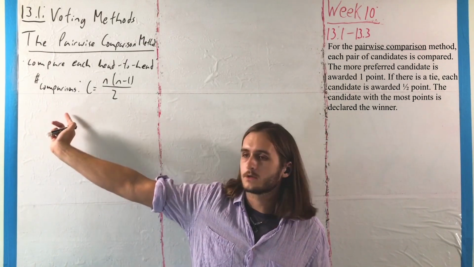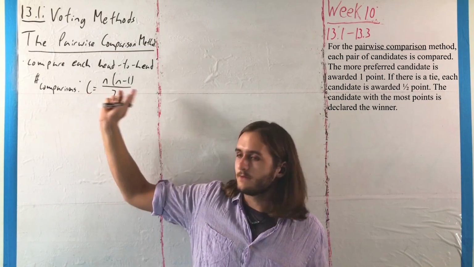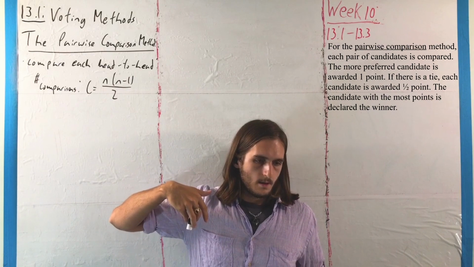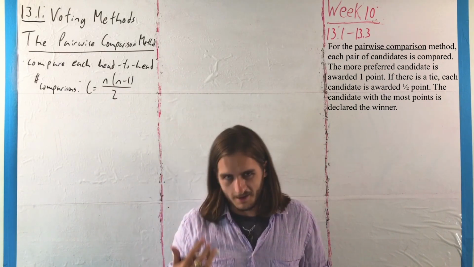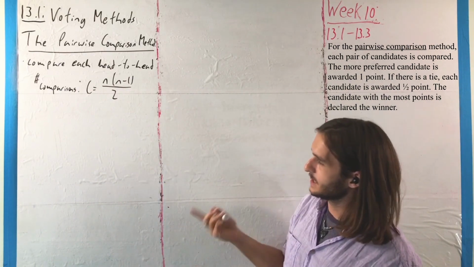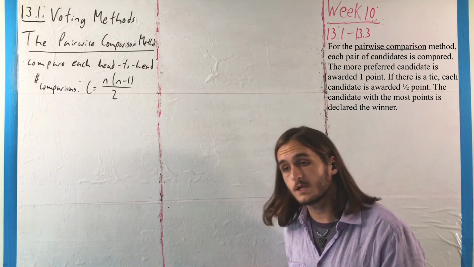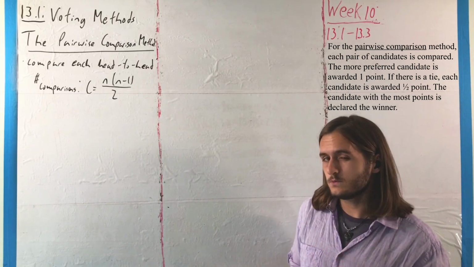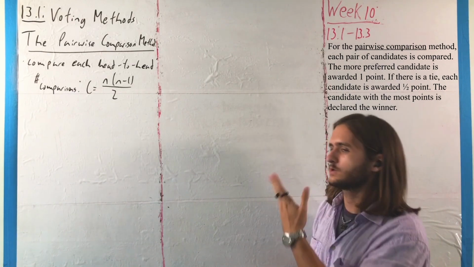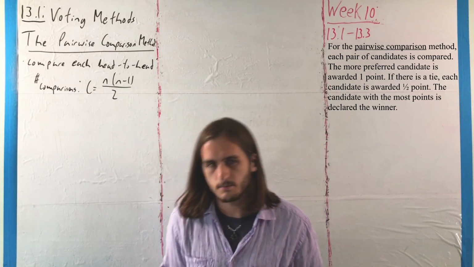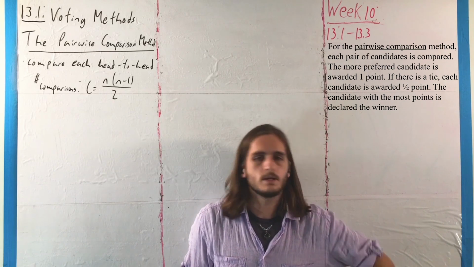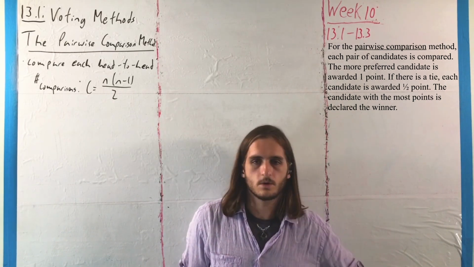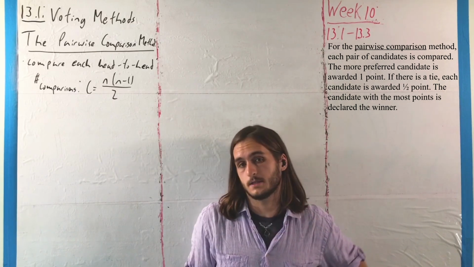To get the number of comparisons we have to make, we call that C. We have N for N different ballot arrangements, times N minus 1 over 2, where in particular, that's a value called N choose 2. For those of you that maybe have taken stats, there's also a little bit earlier on in this book that talks about it that we skipped over here. That's included in the other half of this class, but don't worry too much about that. We're keeping that formula as it is.